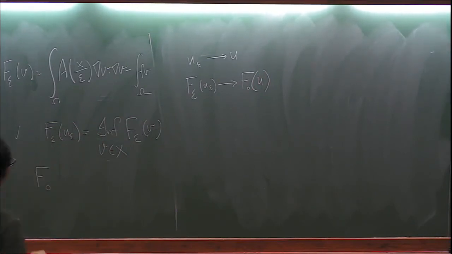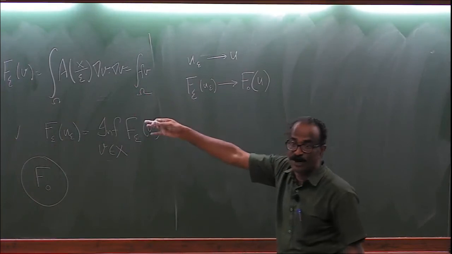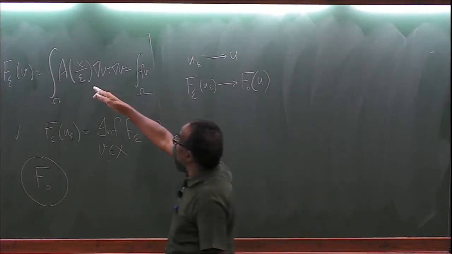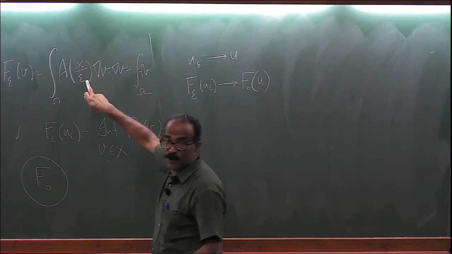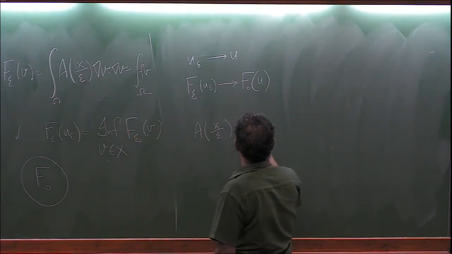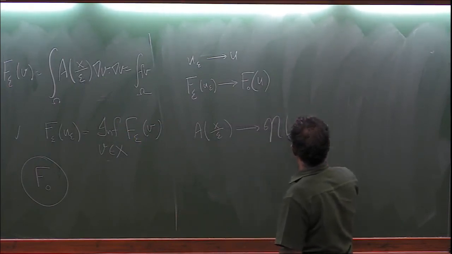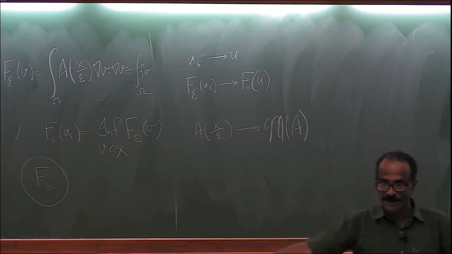So gamma convergence tries to find an F naught, which you have already seen in homogenization. In homogenization, corresponding to epsilon, you know that A of x over epsilon always converges to the average of A, which is a matrix.